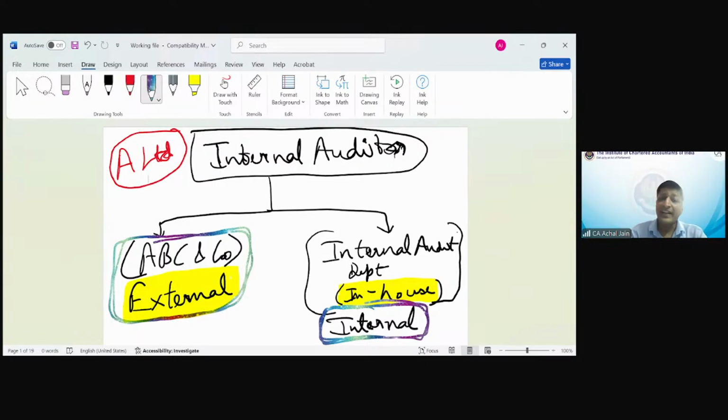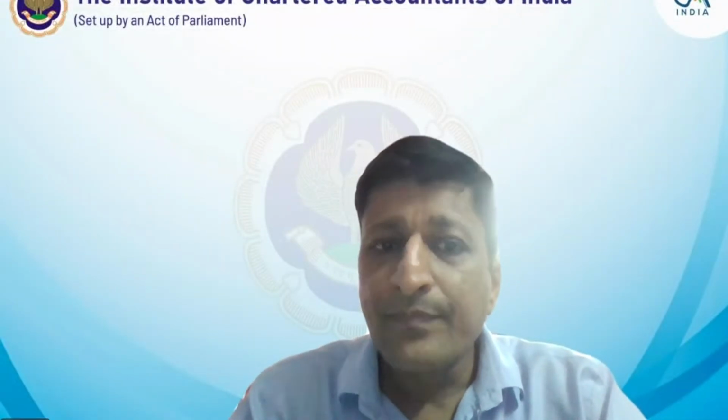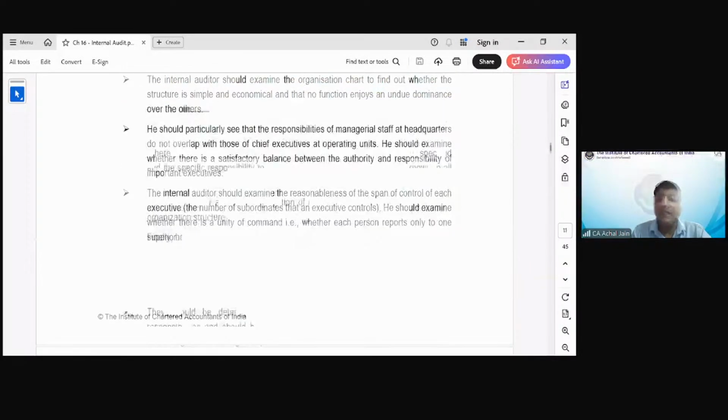Whenever the entity gets into setting up an in-house department, they need to ensure that all of those requirements which are there on the part of internal audit as well as the internal auditor have been put in place. Otherwise, its effectiveness will definitely be impacted.